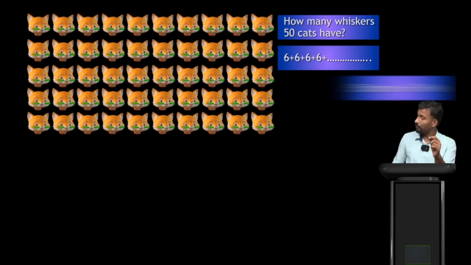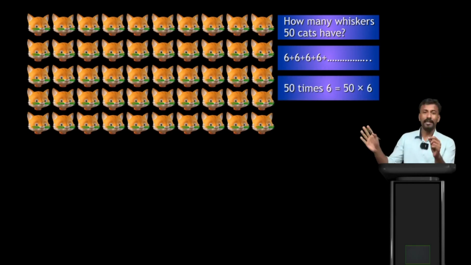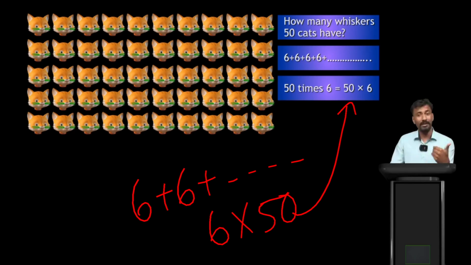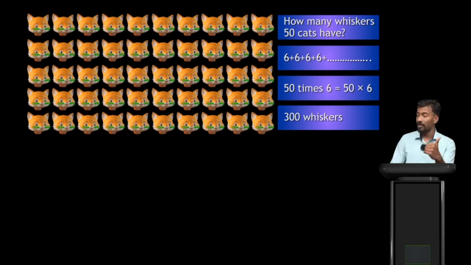So, 50 times of 6 means we write 6 plus 6 plus and so on, 50 times, or it can be simply expressed as 6 multiplied by 50, or 50 multiplied by 6. The ultimate answer will be 300 whiskers. So, 50 cats have 300 whiskers. Clear? I hope all of you understand.